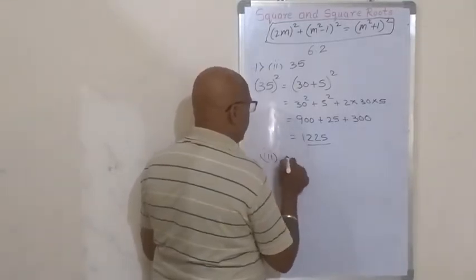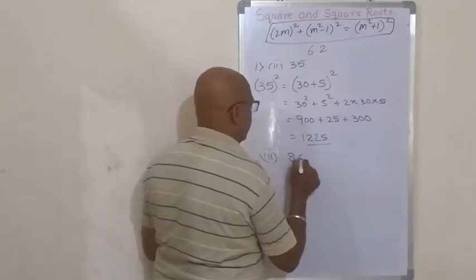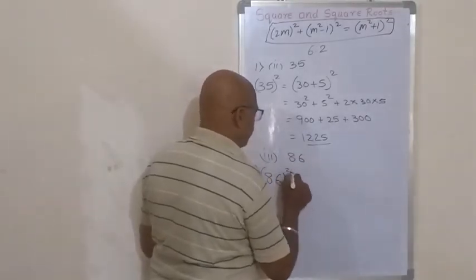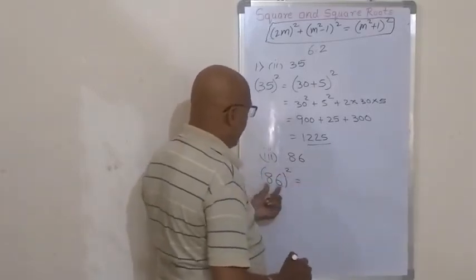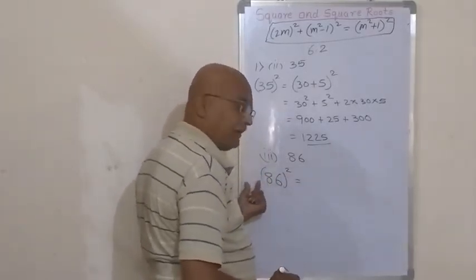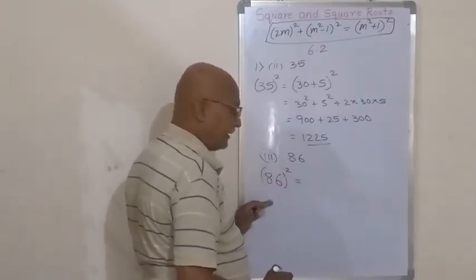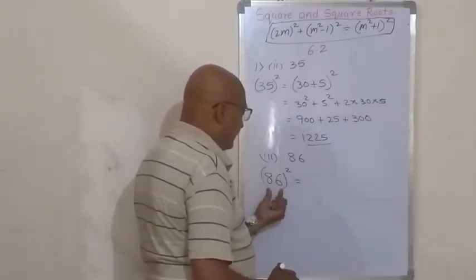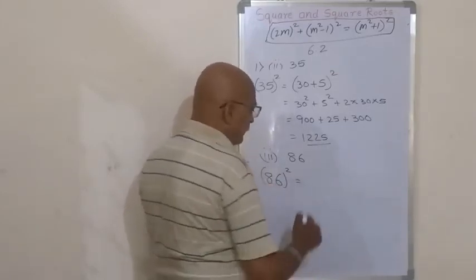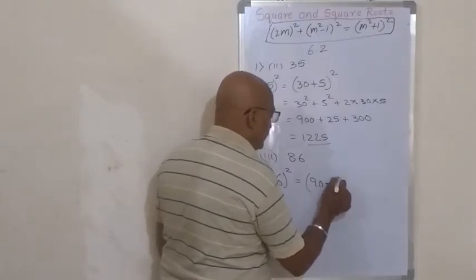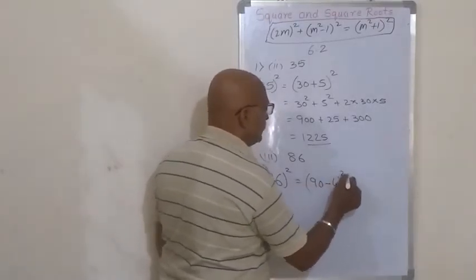The number is 86, so 86 whole square equals what? As 86 comes after 80 and before 90, 86 is nearer to 90. So I will take 90 minus 4 is 86, whole square.